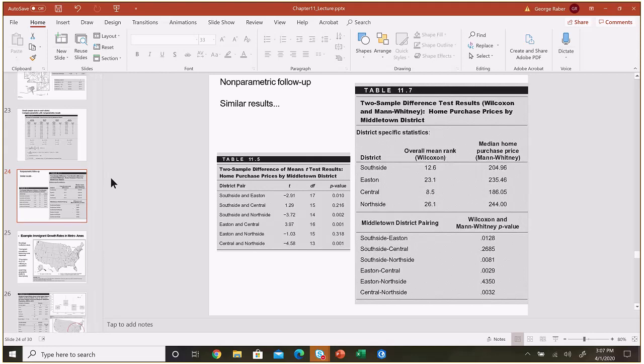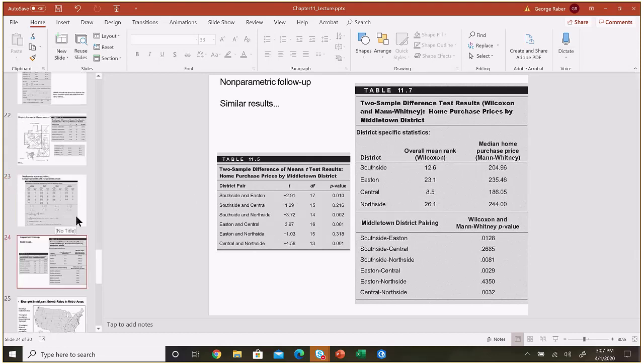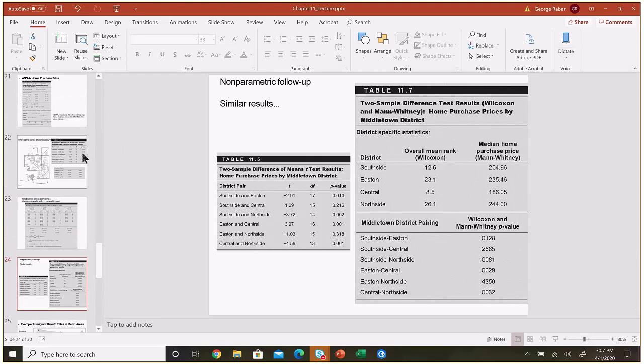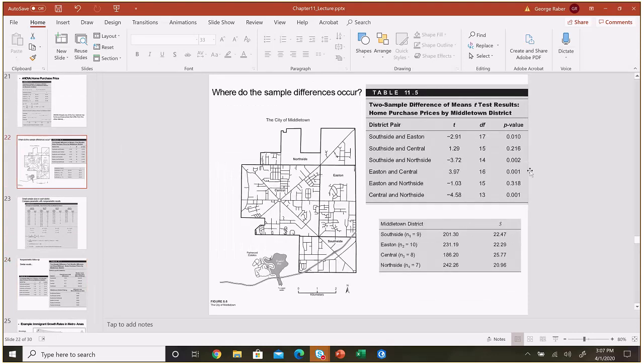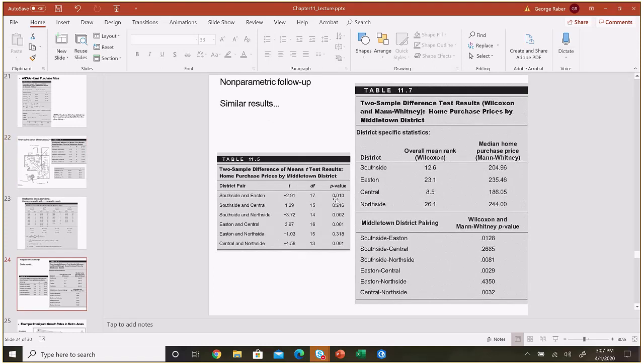All right. So to follow that up, we could use the non-parametric version of the t-test to look at all the differences between the two. So in other words, this is a non-parametric version of this. Okay. So you can see 0.01 between south side and eastern, and we've got 0.0128. So those values are close, but this value is a little bit higher.